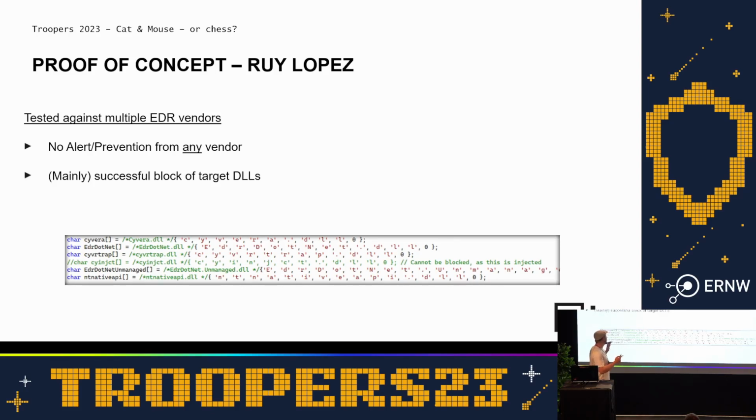And there are also some edge cases for DLLs if the EDR vendor is not properly handling the NtCreateSection return value, then it might lead to a crash for some DLLs. So if you prevent some DLLs from loading, for example, this EDR.NET DLL, then the process will crash.